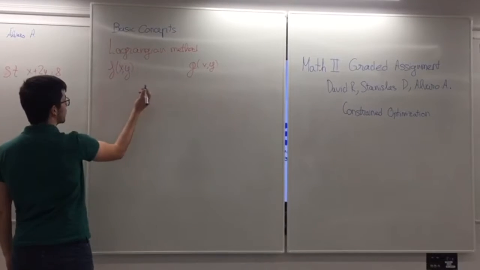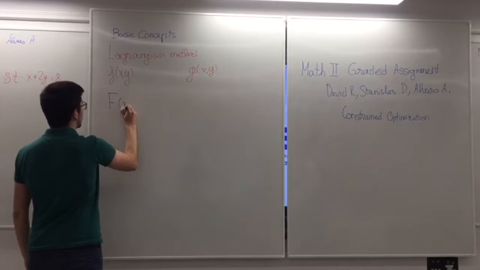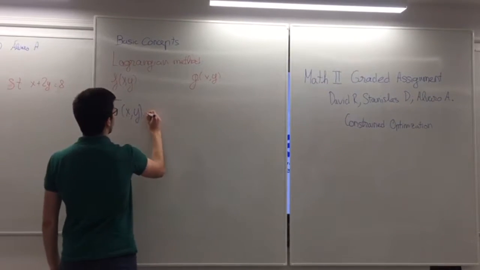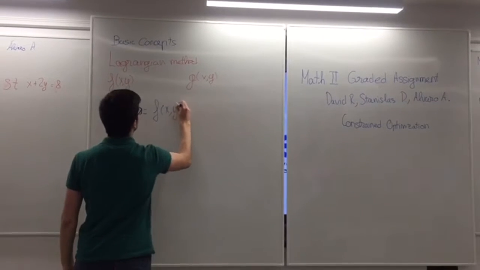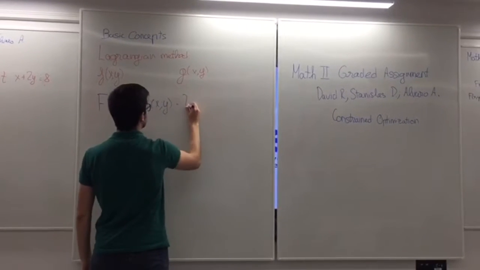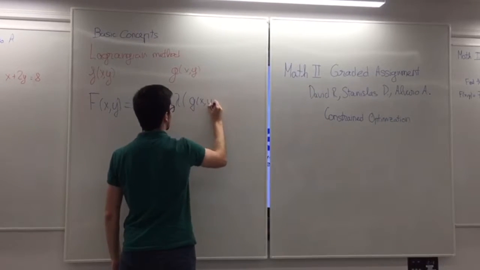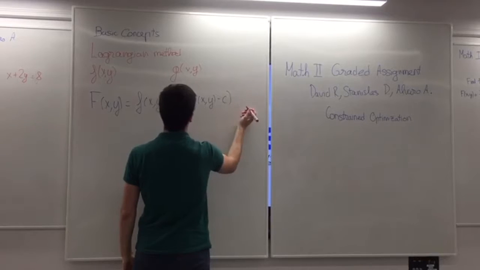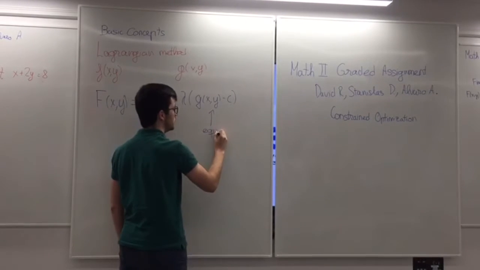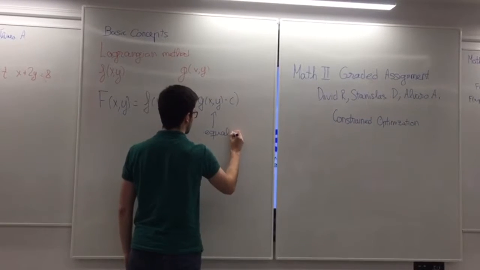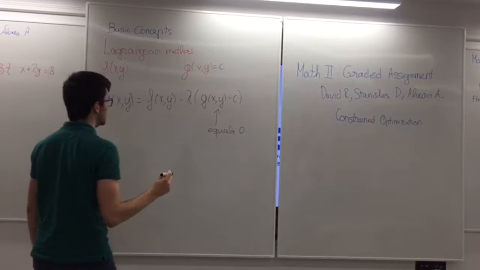So the Lagrangian formula would be L of x y equals f of x y minus lambda times g of x y minus c, because this is when the equation is equal to 0, equals c.